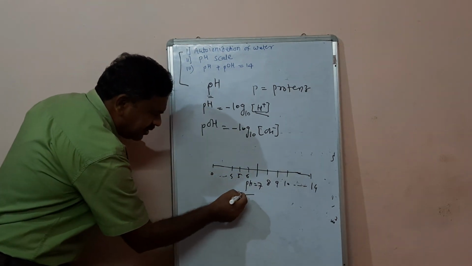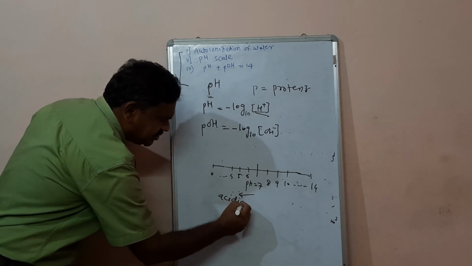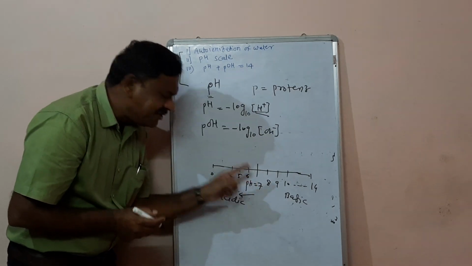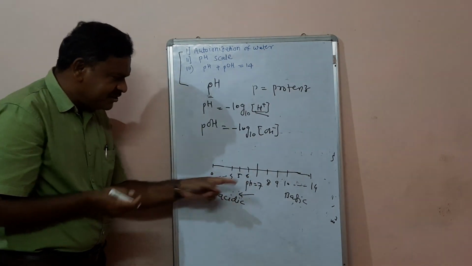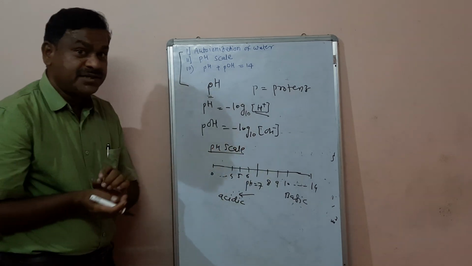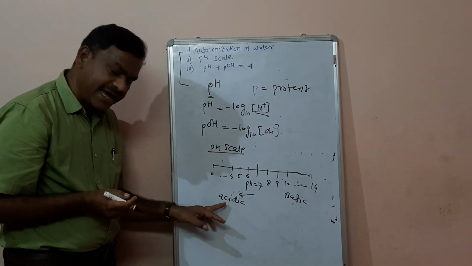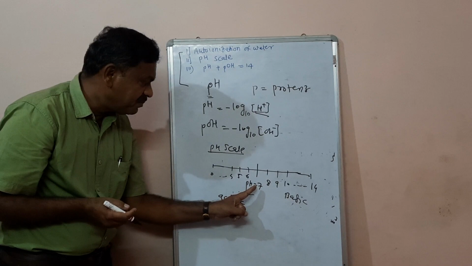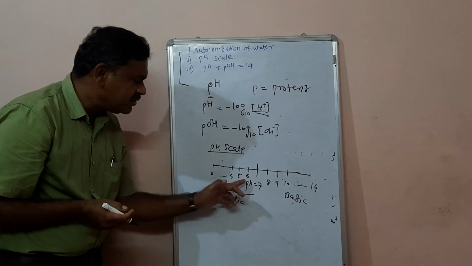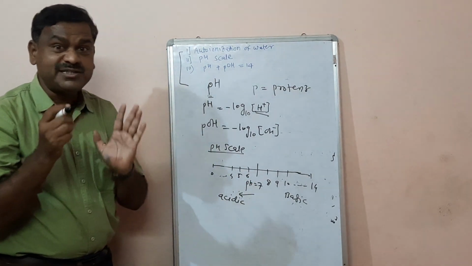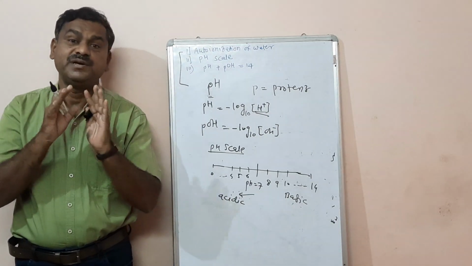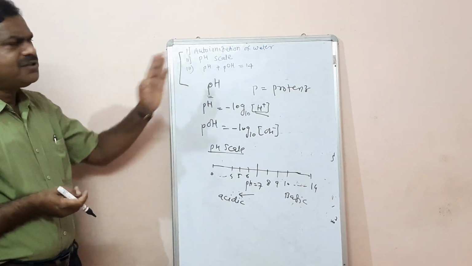Here is the acidic nature, and this side is basic. And this one is pH 7. The pH scale identifies whether a solution is acidic, basic or neutral.